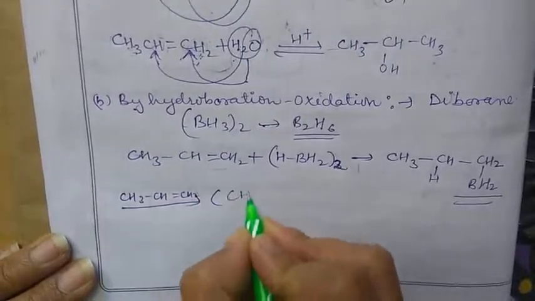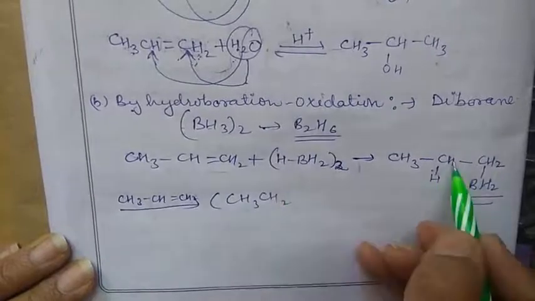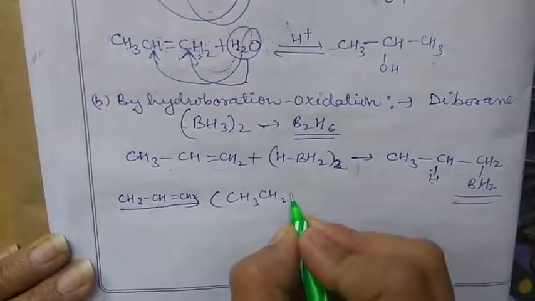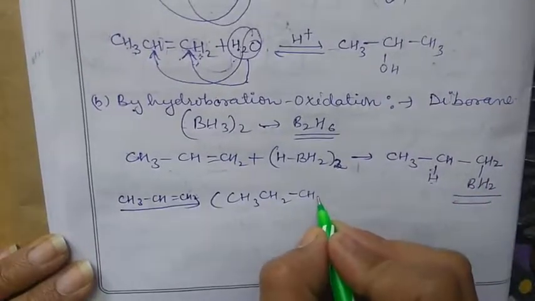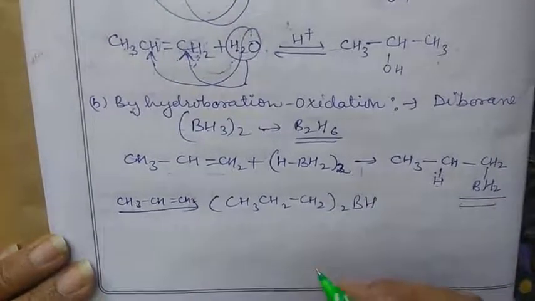Now what we have is CH3 CH2 CH2 whole 2 BH. Now this is the product.